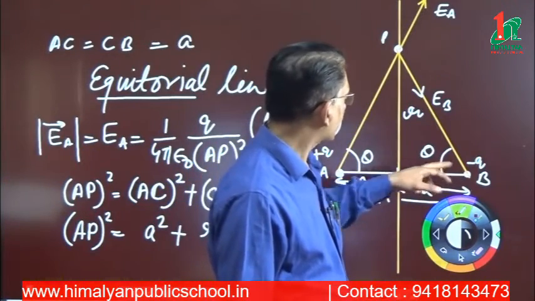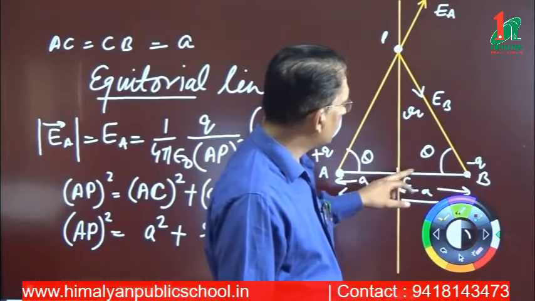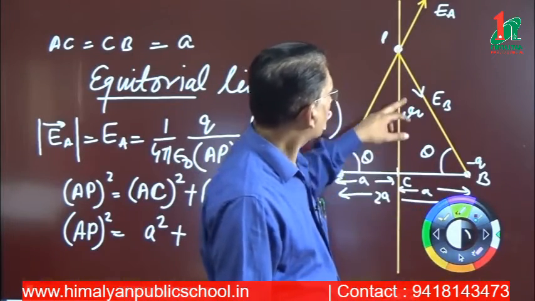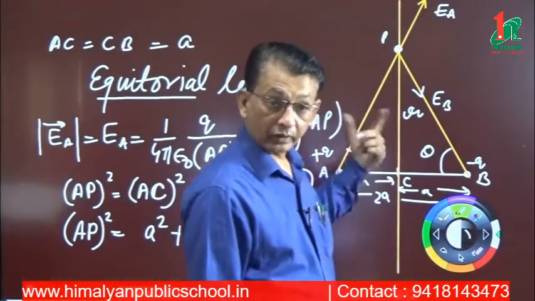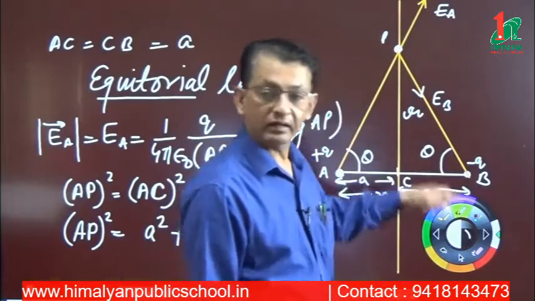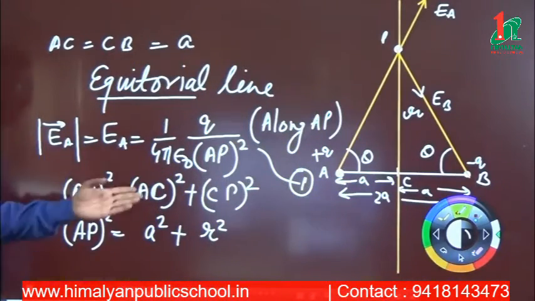PB square is equal to CB square plus CP square. CB square is A square and CP square is R square. So PB square is again A square plus R square.